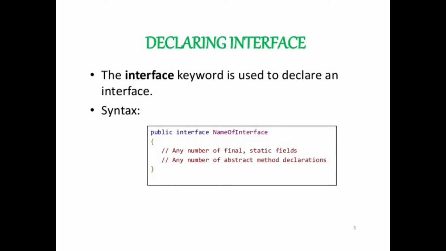Declaring the interface. The interface keyword is used to declare an interface. The syntax is public interface, the interface name, open and close curly brackets, and inside the body write any variable as final and static fields and any method as an abstract method declaration.